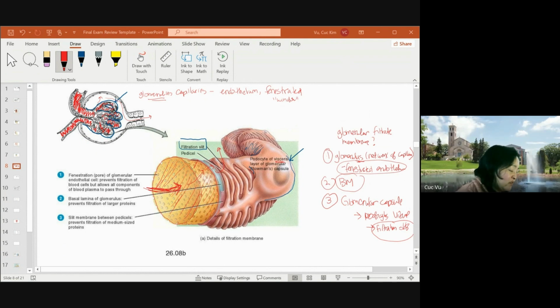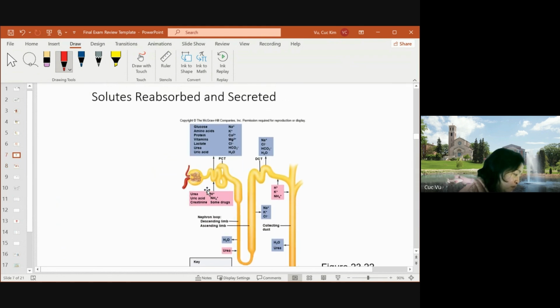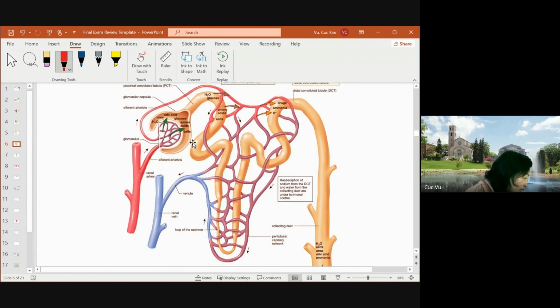Urine formation has four main steps: filtration, reabsorption, secretion, and water conservation. All of this right here is important because it allows us to see what's being moved. Here's the glomerulus, and here's the glomerular capsule. The green arrows show how it goes from the glomerulus into the glomerular capsule.